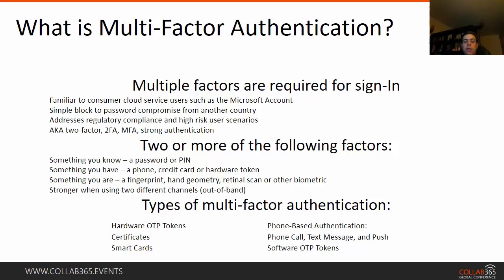It's stronger when using two different channels. The types of multi-factor authentication could be hardware OTP tokens, certificates, smart cards, phone-based authentication, phone call, text message, and push. And you can also have software OTP tokens.